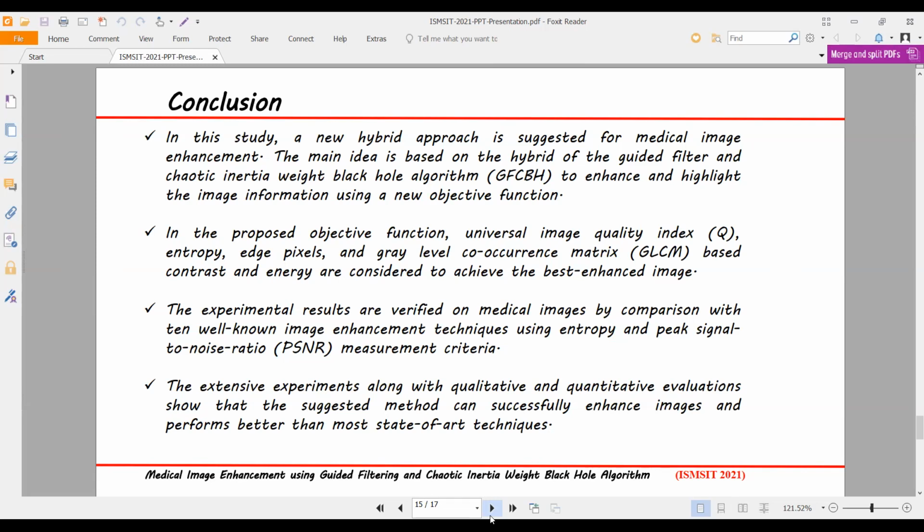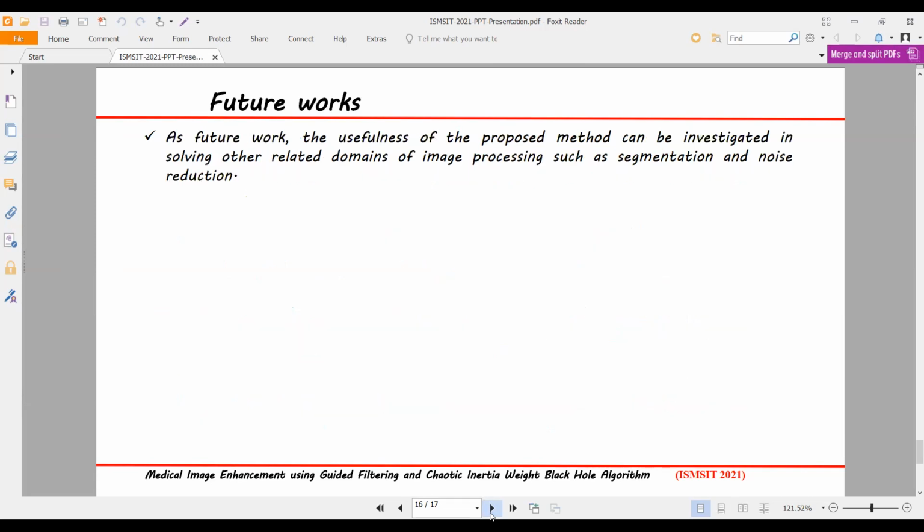The extensive experiments along with the qualitative and quantitative evaluation show that the suggested method can successfully enhance images and perform better than most of the techniques. As future work, the usefulness of the proposed method can be investigated in solving related domains of image processing, such as segmentation and noise reduction.